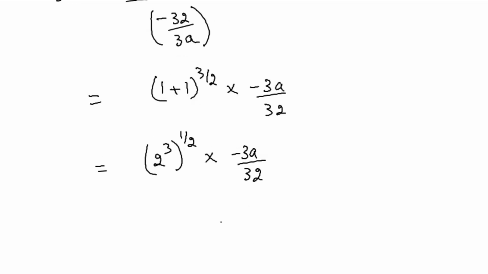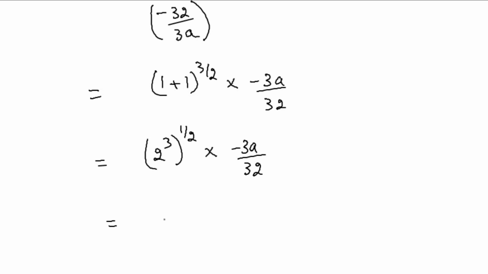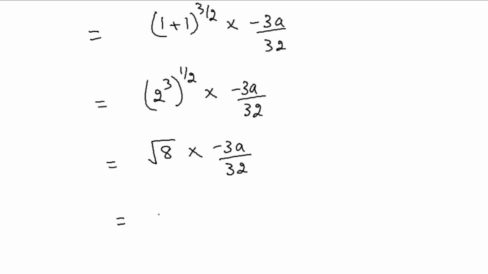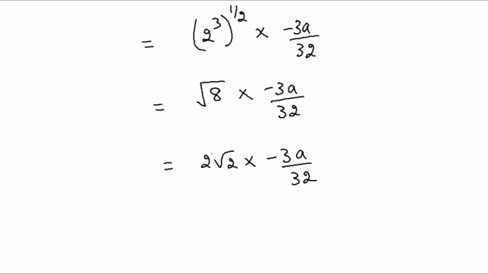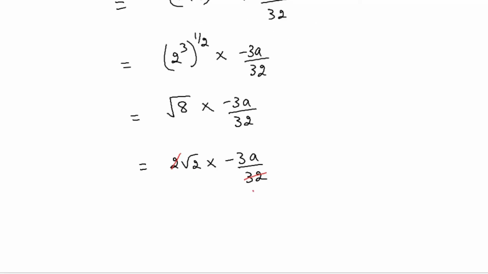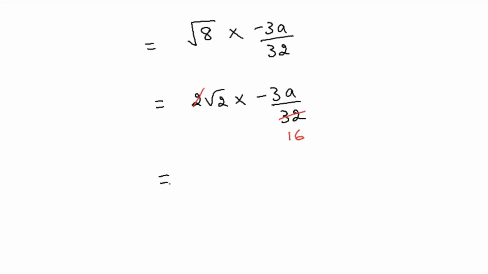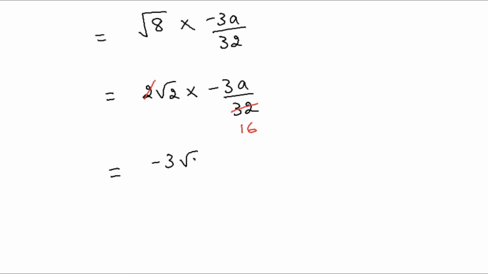Or further, 2 cube will be 8 and power half represents square root of 8 into minus 3a divided by 32. Or further, you can write root 8 to be 2 root of 2 into minus 3a divided by 32. You cancel out the term 2 1 times, 2 16 times. So this will be equal to minus 3 root 2a divided by 16.